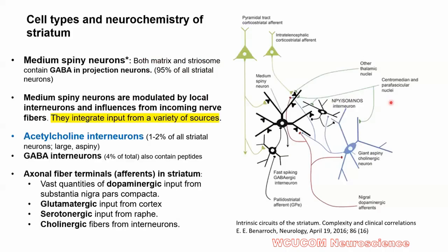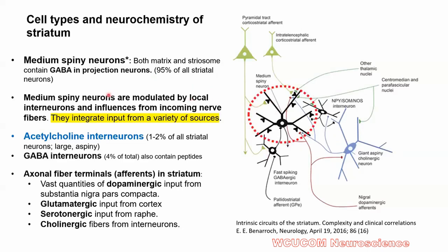And here is our model of the striatal matrix, the cell types and neurochemistry. We are noticing that the medium spiny neuron makes up 95% of all striatal neurons. This will be our focal point.